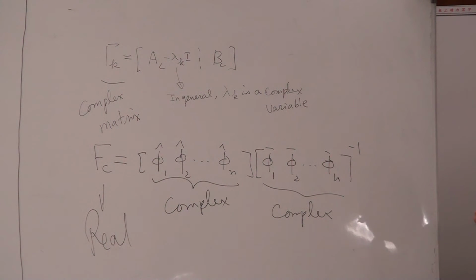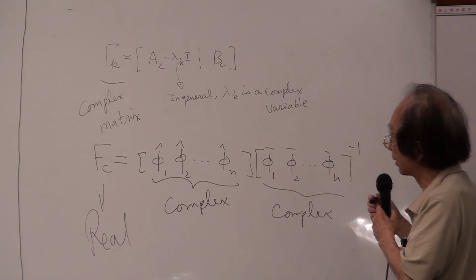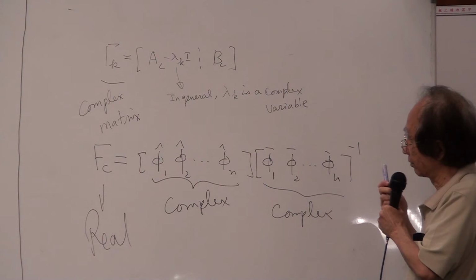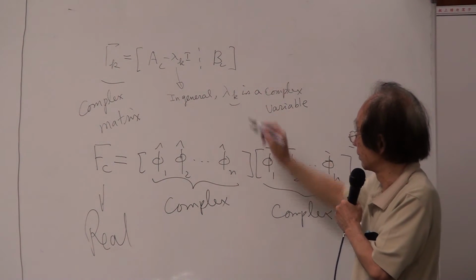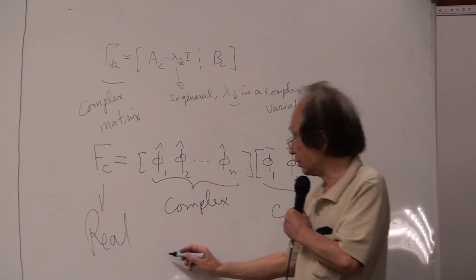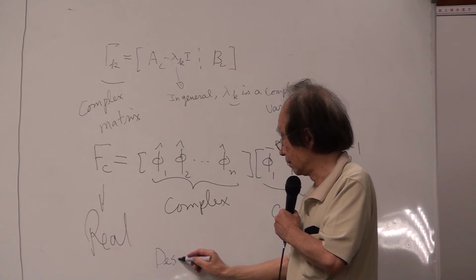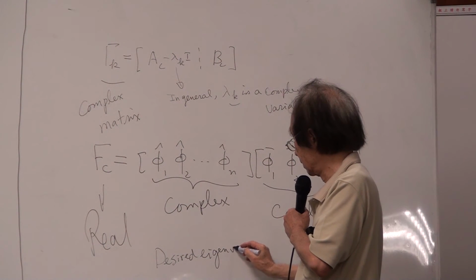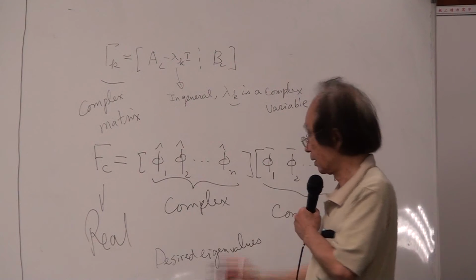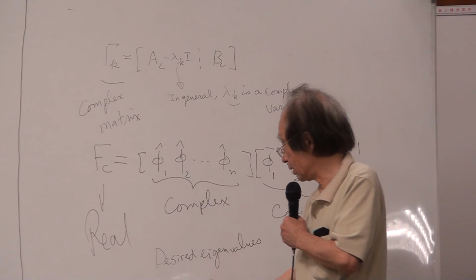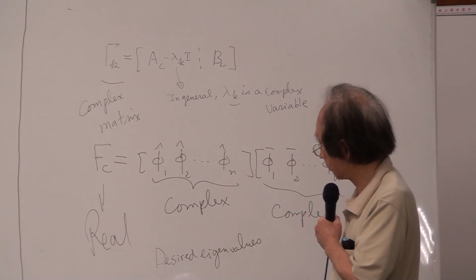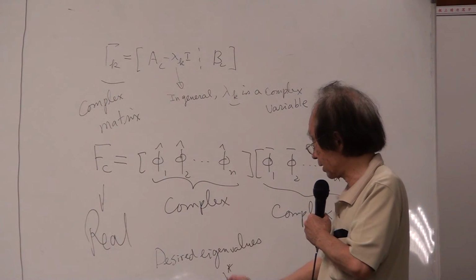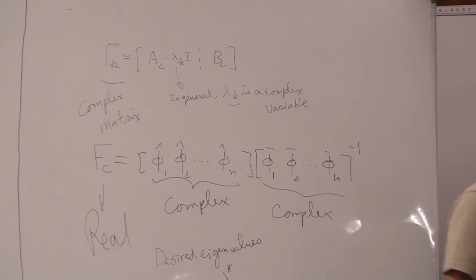Well, when you have a desired eigenvalue, if lambda k is my desired eigenvalue, then lambda k conjugate is also my desired eigenvalue. I have to make sure about that.